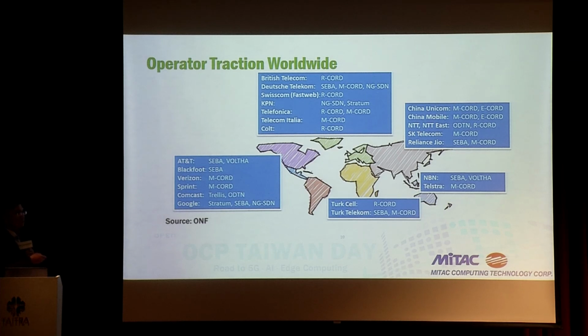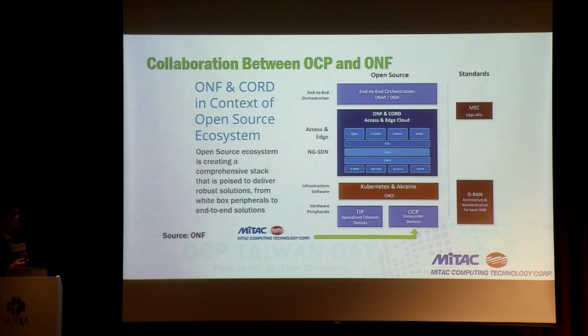So how can we keep our contribution with these telco companies and the ONF together to enhance our solution and make sure future services can really be adopted by OCP? That is the topic we are focused on.